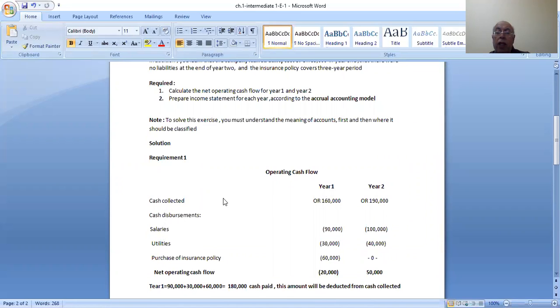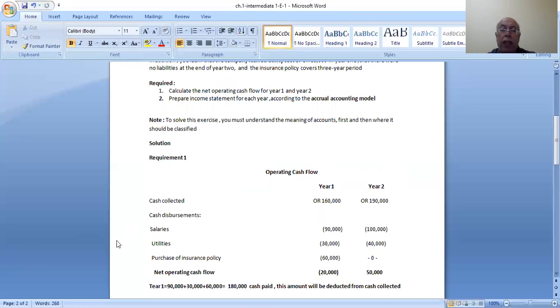You see here, cash collected in year 1, and we are talking about cash. That means we are applying a cash accounting model. Nothing will be paid later; the amount is paid as cash, or received as cash.